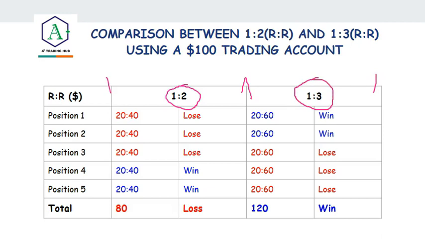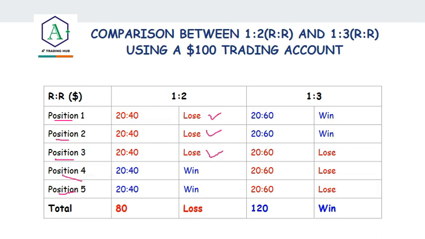So this is a $100 account, and on the first segment here we risk $20 to earn $40. That is 1:2. So let's say we took 5 positions, risking $20 to earn $40. That is 1:2 risk to reward. And in the worst case scenario, you lose 3 trades and win only 2 trades.